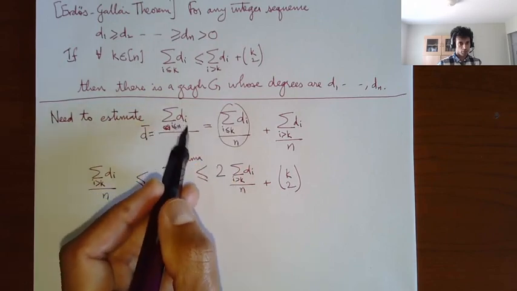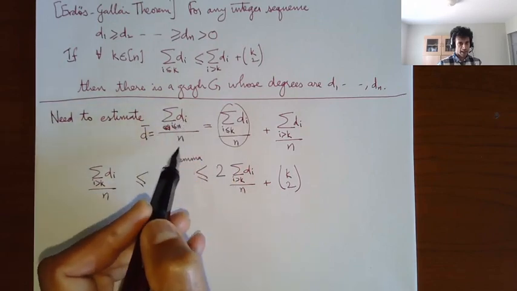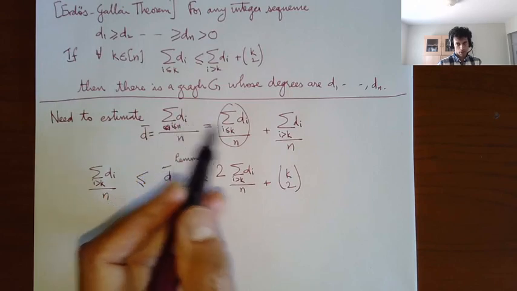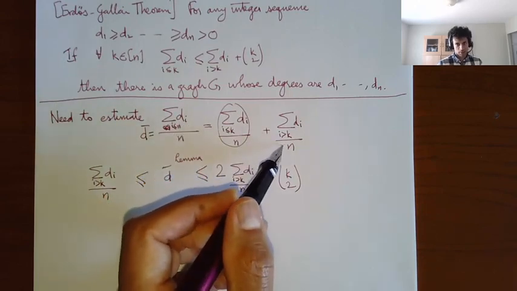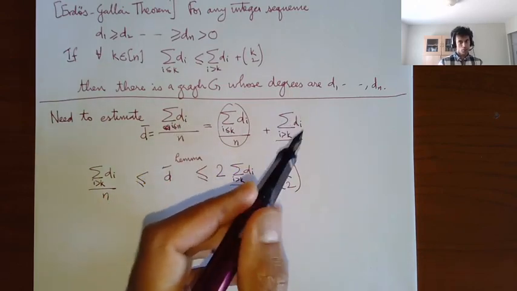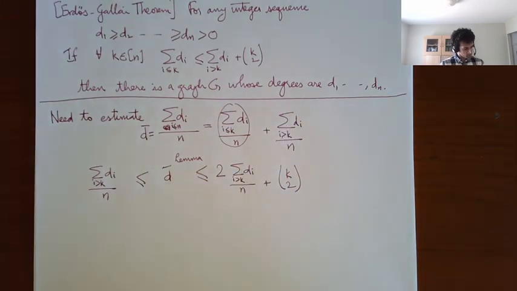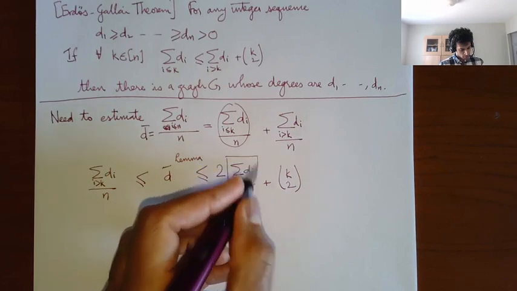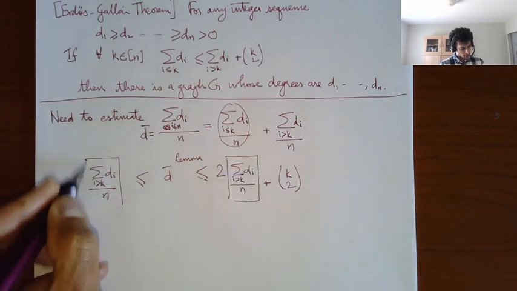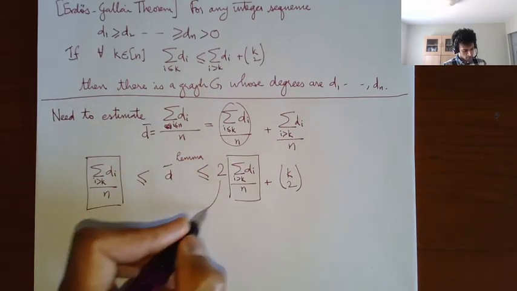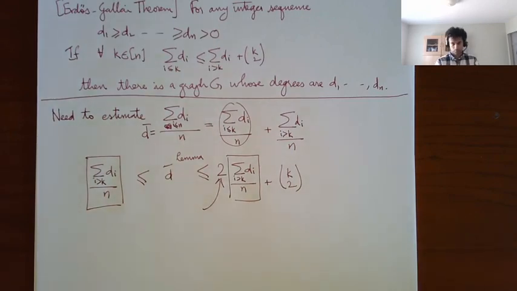So this quantity here, which is the average of all degrees, is at least the average of the smaller degrees. Does this make sense? And note that you basically have the same quantity here. Here's your factor of 2. Okay, questions?